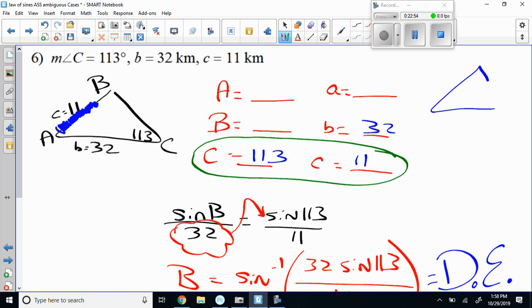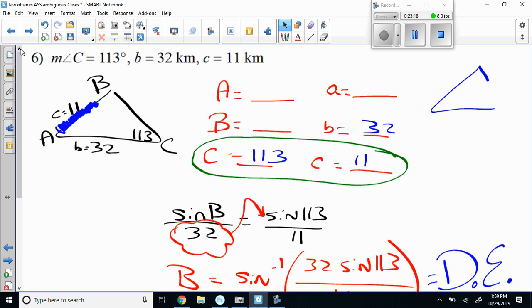So you can't just say right off the bat that you ain't got a triangle. But you can look at it and be able to go, oh, 113, 11, this one's bigger, so that angle's got to be bigger. That'd be more than 180, right? So I know the answer is going to be no triangle, no solution.